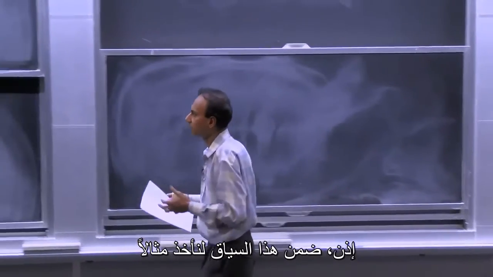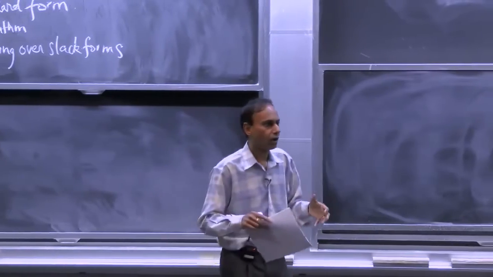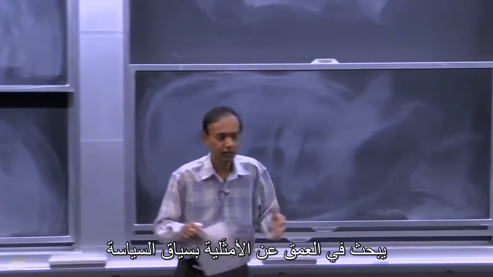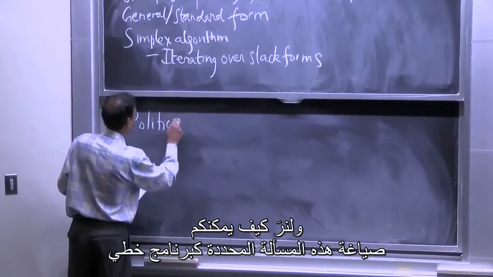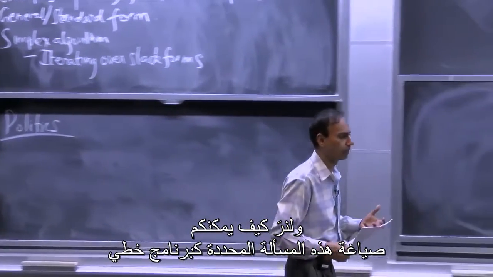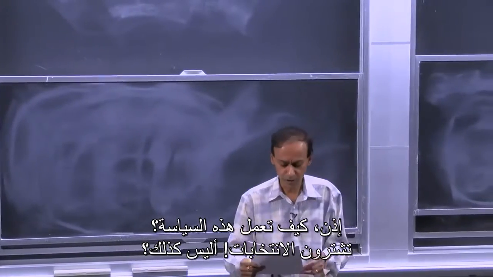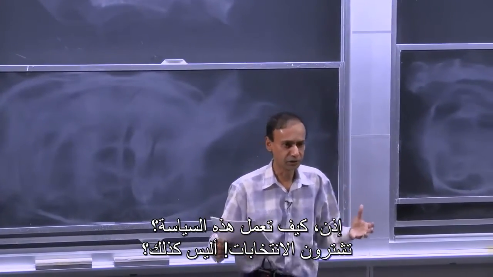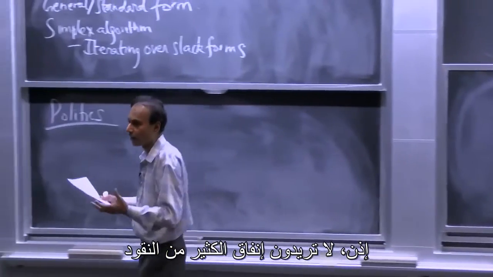So a little bit of context. Let's just dive into an example of optimization in the context of politics and see how you could formulate this particular problem as a linear program. So how does politics work? You buy elections, right? So you don't want to spend a lot of money.